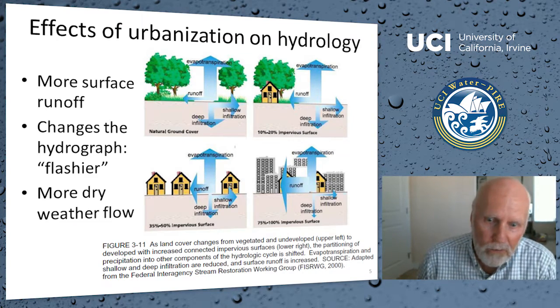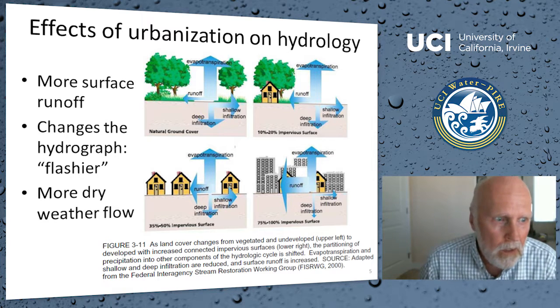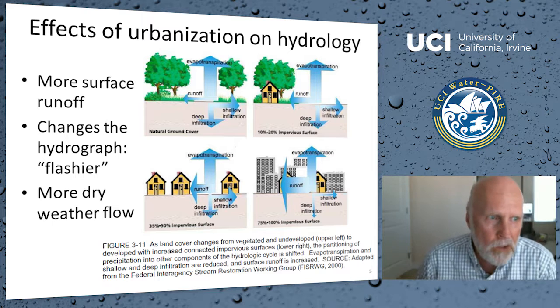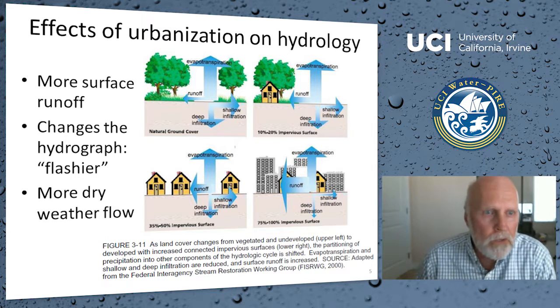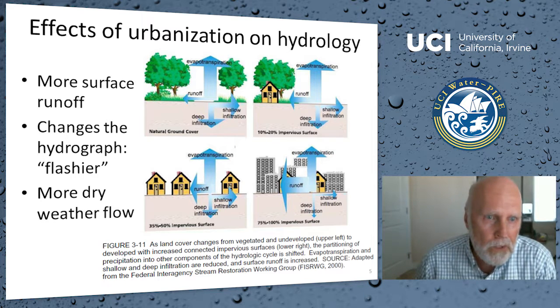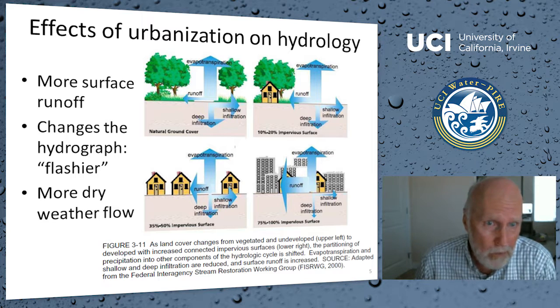If we go to the next slide, on the effects of urbanization, there are a lot of effects, as I mentioned before, on the urban stream syndrome, but largely what we're interested in is what happens to the hydrology. What this illustrates, from the top left where it's not urbanized, with natural ground cover, is that a lot of the water evaporates or is transpired from the plants.